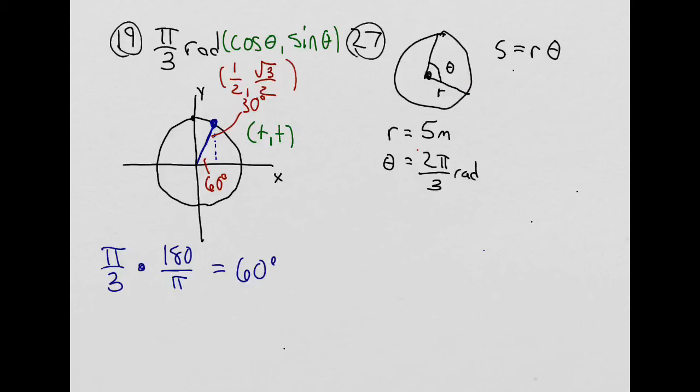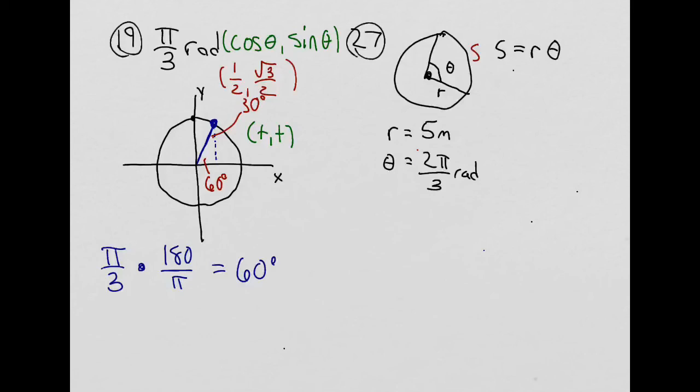It's not the whole circle, it's just the piece of the circle that's defined by that angle. It's very simple to do. The basic formula is that the arc length S is just the radius times the measure of the angle in radians, not degrees. This formula won't work if it's in degrees.